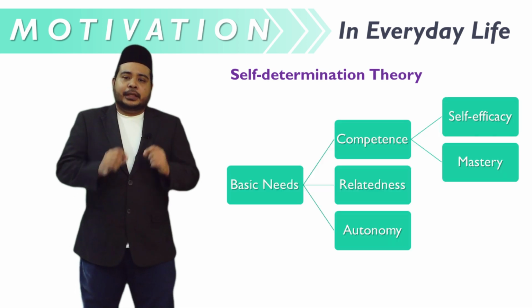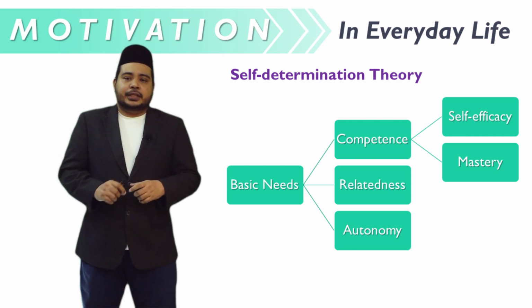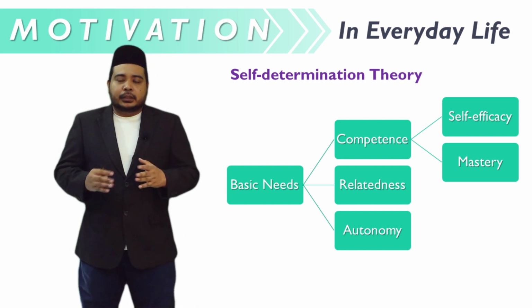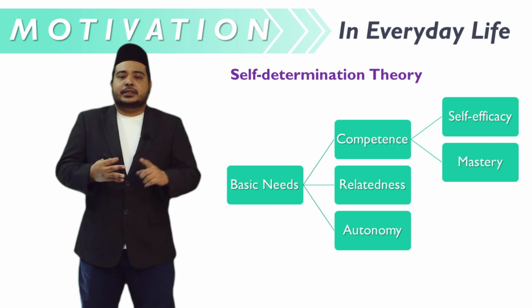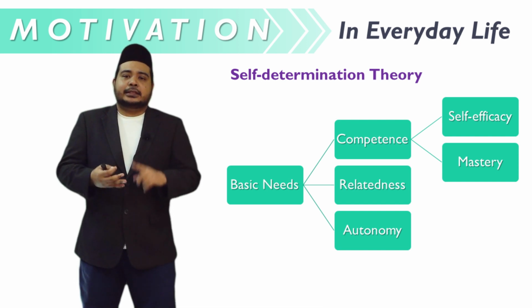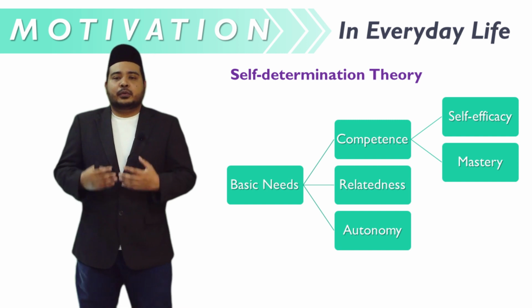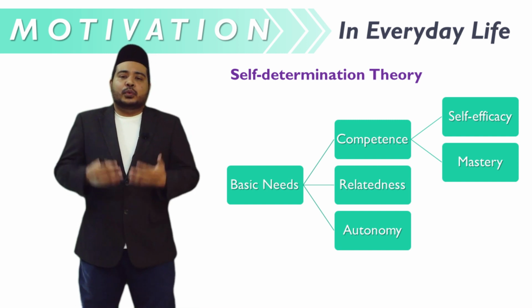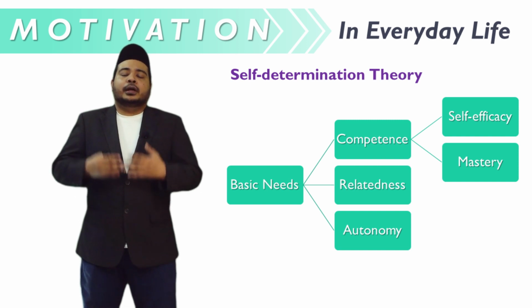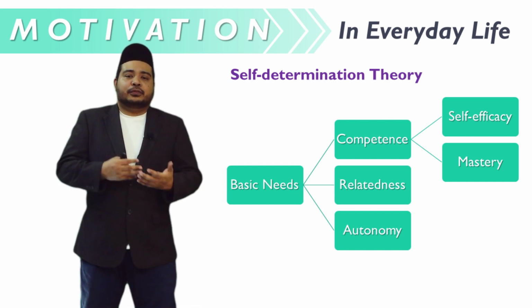The main point that we need to pay attention to is that if we are able to fulfill all of these 3 needs, competence, relatedness, and autonomy, we would be able to go for growth and fulfillment.